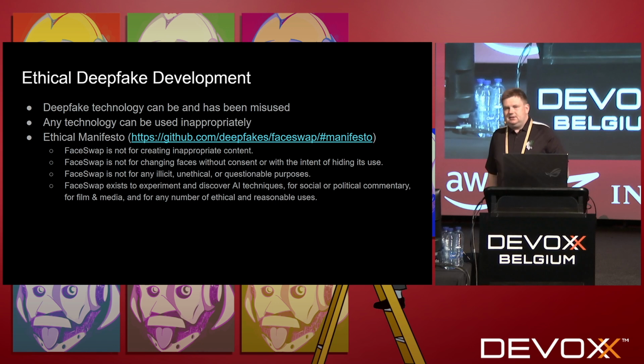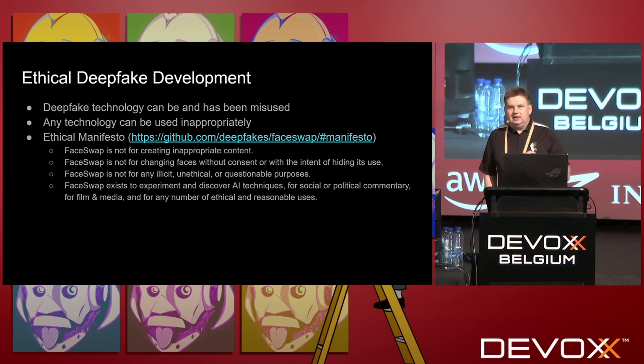So deepfakes are a controversial subject in general, and as developers of deepfake software, we have to consider the ethical implications, that was the word I was looking for, of what we are doing. Deepfake software, like any software, can be misused, and we can't really actively prevent misuse of software, especially when it's open source.